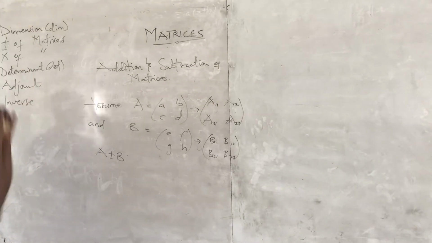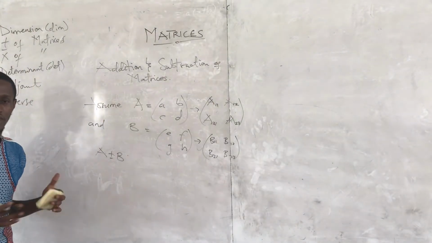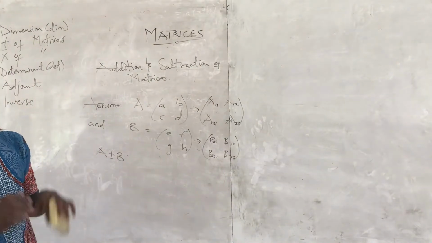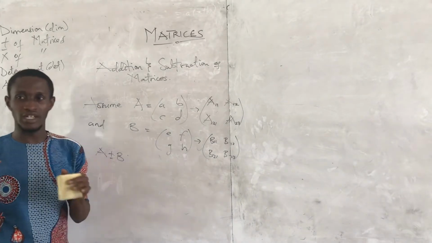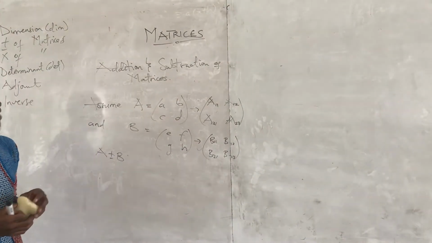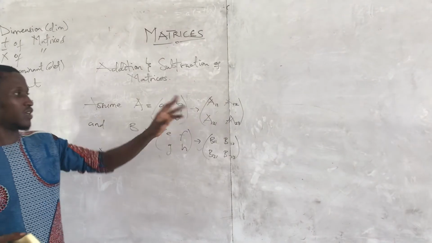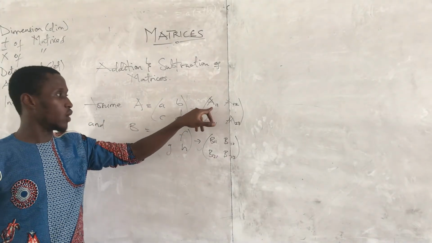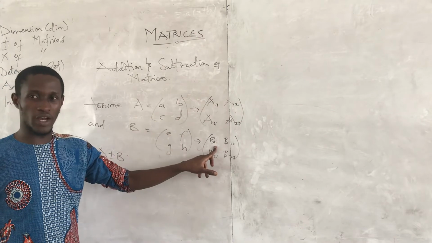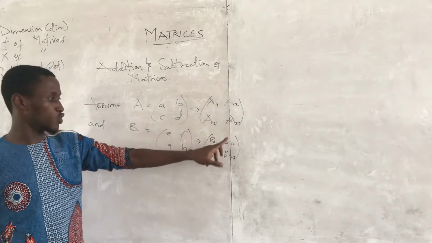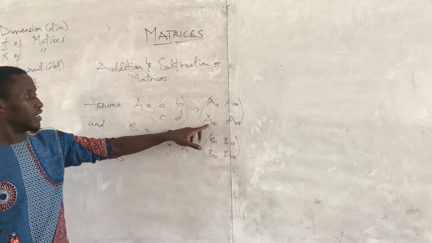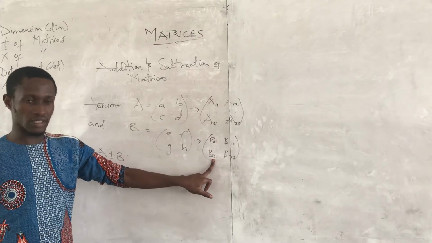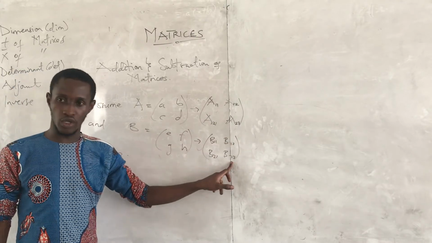So when we have matrix A plus matrix B, we add or subtract the corresponding entries. What I mean by corresponding entries is that if it's about adding or subtracting A and B, you pick the entry A11 corresponds to B11, A12 corresponds to B12, A21 corresponds to B21, and A22 corresponds to B22.